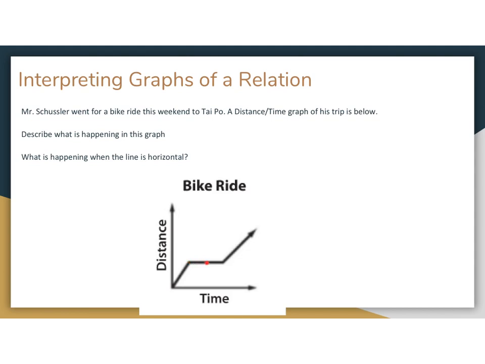And so he took a break. So what was happening when the line was horizontal is Mr. Schuessler was not biking anywhere. He had stopped to take a break. And then he carried on again. In this graph, time is the independent variable and the distance is the dependent variable.